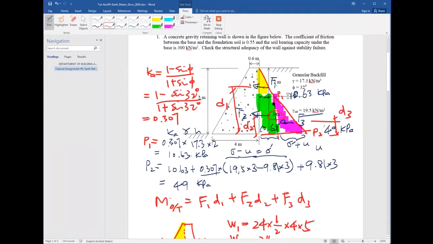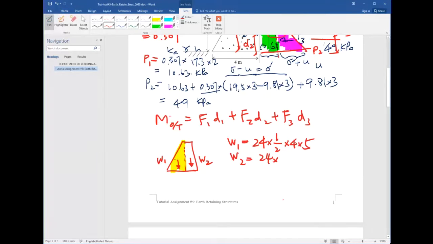Oh, sorry, it should be not 4 meters. The base is not 4 meters, right? It's 4 minus 0.6 meter, right? The base of triangle, right?